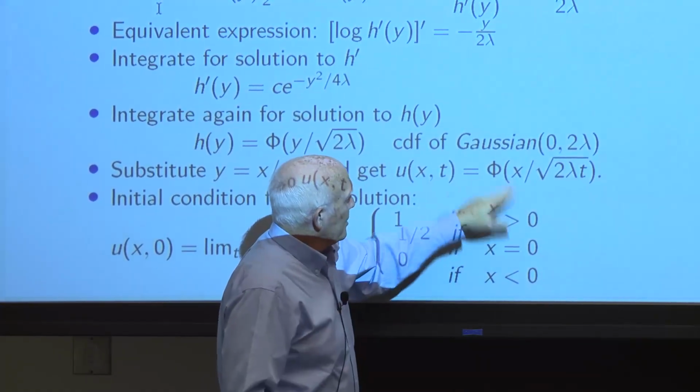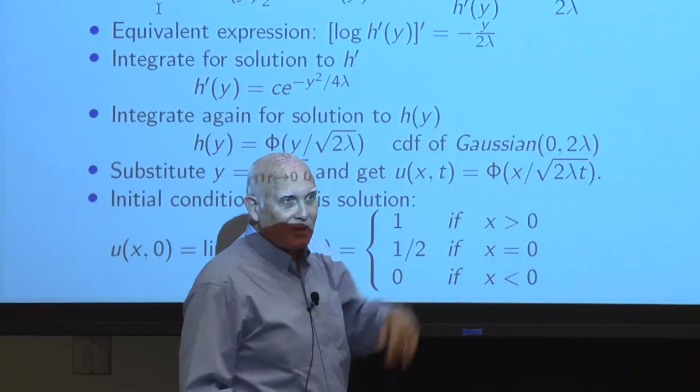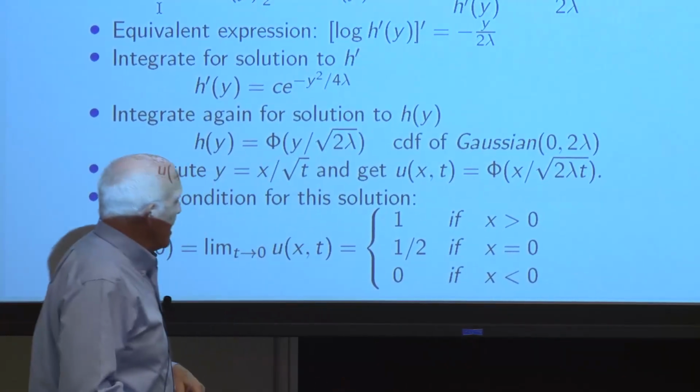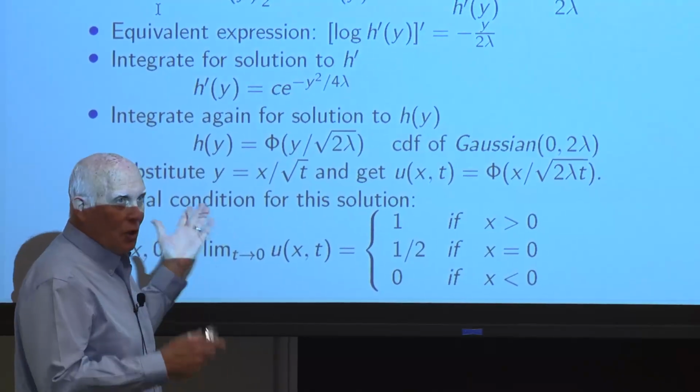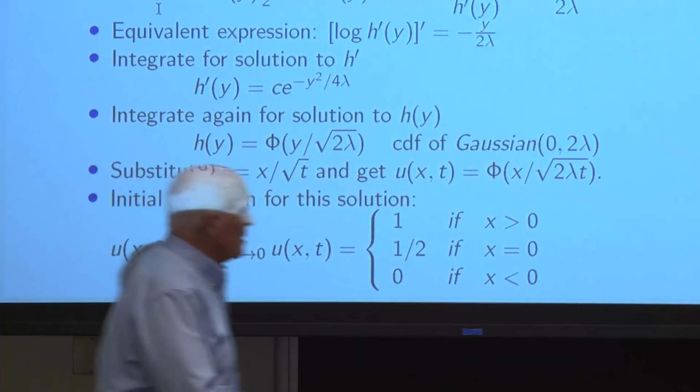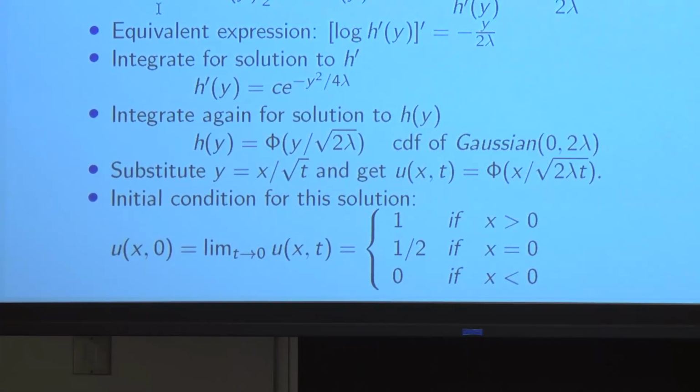When x is greater than 0, this goes to plus infinity, so we get 1. And if x equals 0, then it's always equal to a half. So we end up having this function which corresponds to the initial conditions.